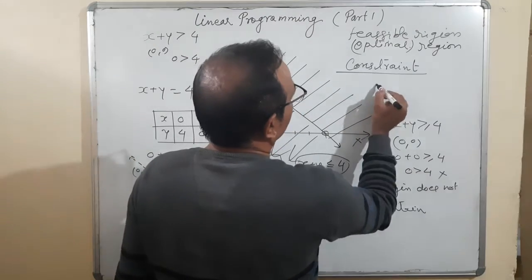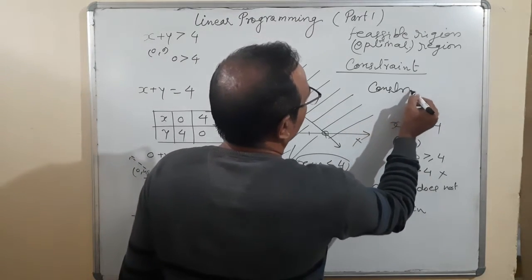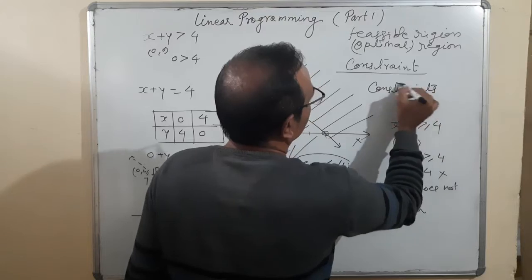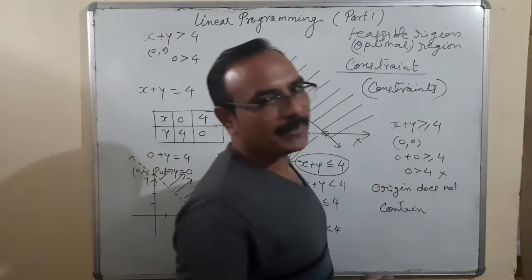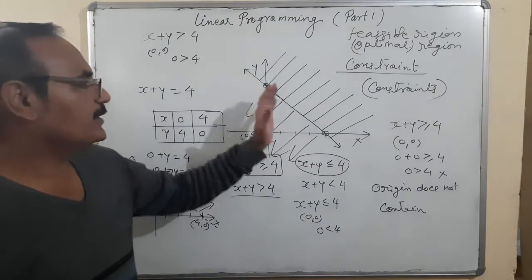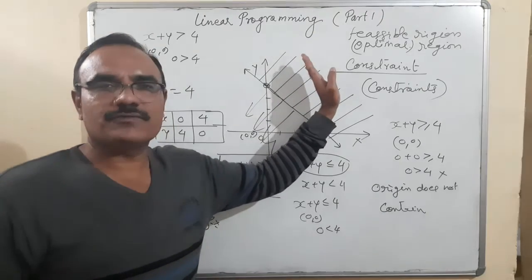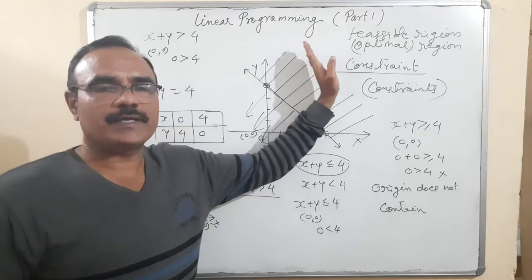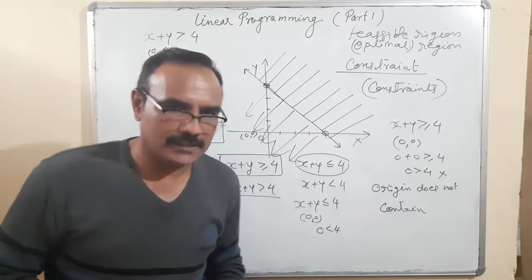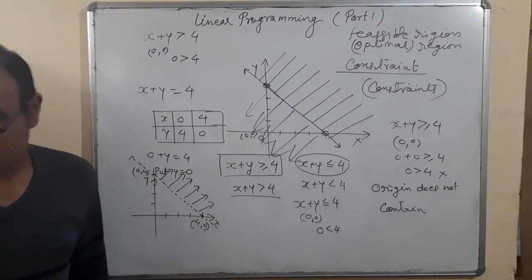One is constraints. Actually, this is used as a pair of constraints. Some limitations are here: feasible region, optimal region. So here this is the feasible region, or we can use the term constraint region. Got it? So this is the basic.